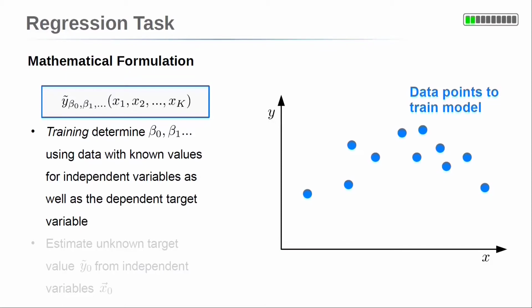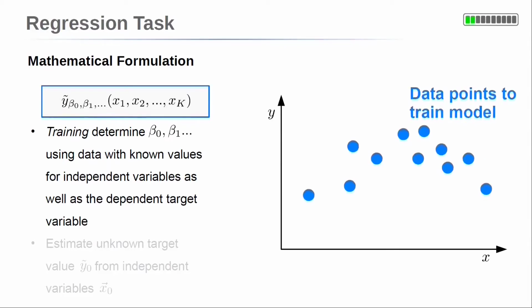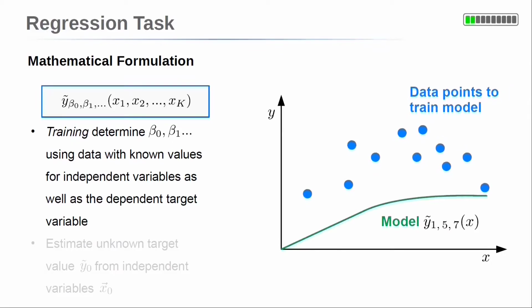The model is trained with data with known target values, the so-called training data. Here, in the sketch on the right side, the light blue dots. The training process fits the model function y tilde to the data by adjusting the trainable model parameters beta.